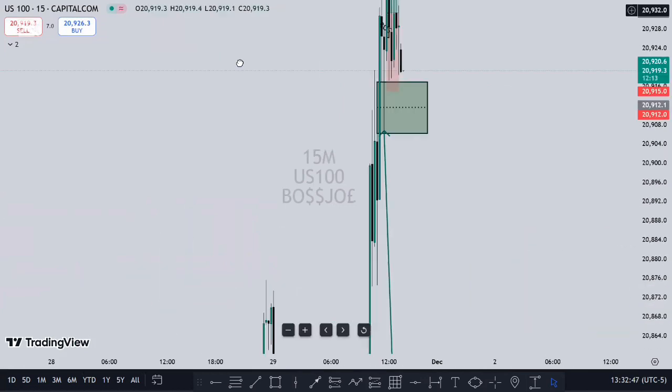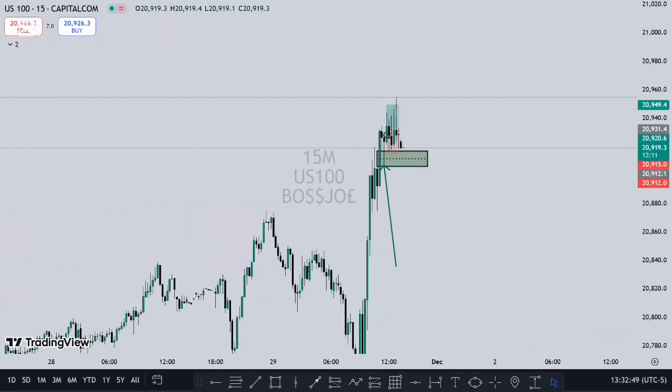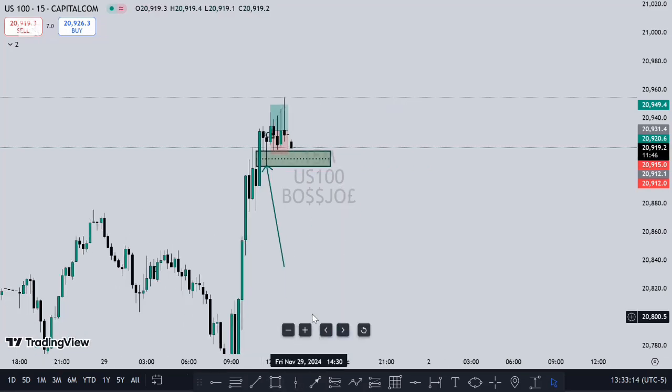So basically, by definition, fair value gap is a gap in which price did not touch, just like the analogy I brought to you guys about a painter that used a paint roller to roll on the wall.